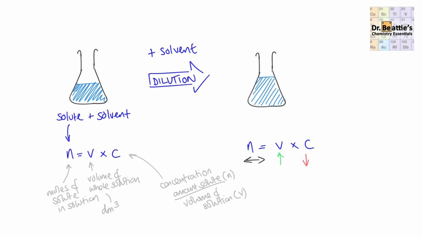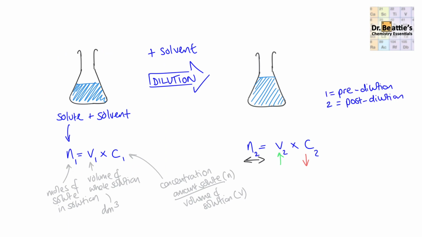In order to quantify this idea, we just need to differentiate our n, V, C on this side to our n, V, C on this side. So we're going to call the old solution prior to dilution n1, V1 and C1. And our new solution on dilution is going to be n2, V2, C2.